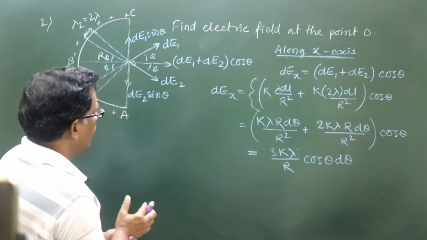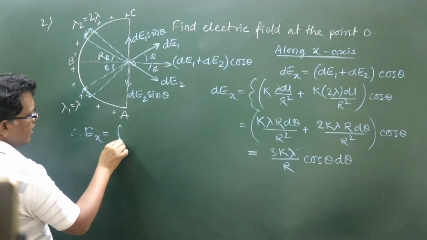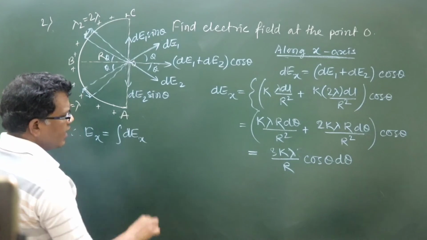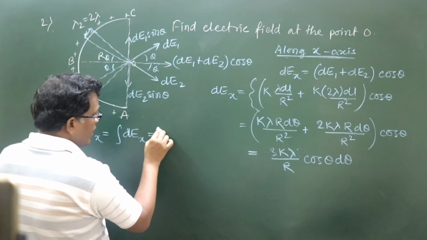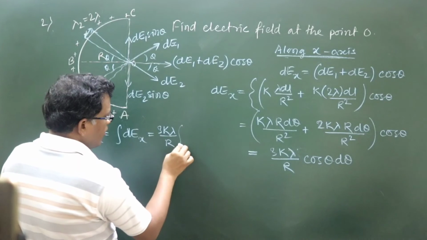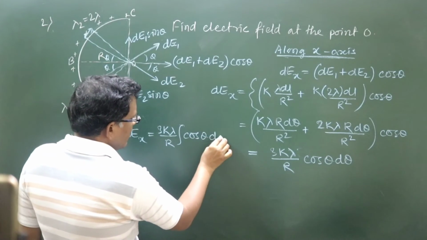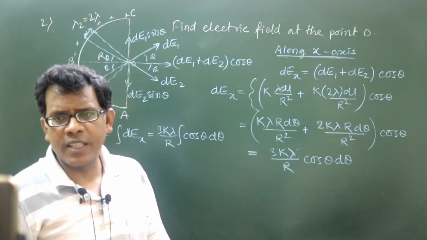This is the dEx. So the net electric field along x can be found by integrating dEx. In dEx the constant part taken out, that is 3k lambda by r, and it will be only cos theta d theta that can be integrated, as again we have taken two elements on either side.